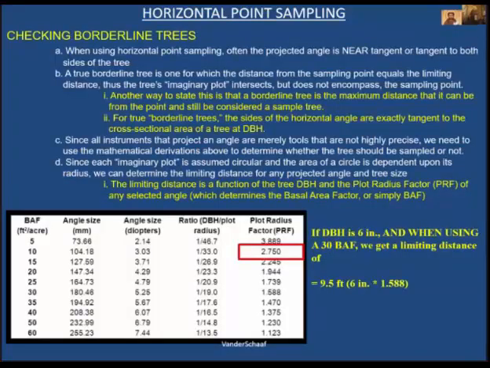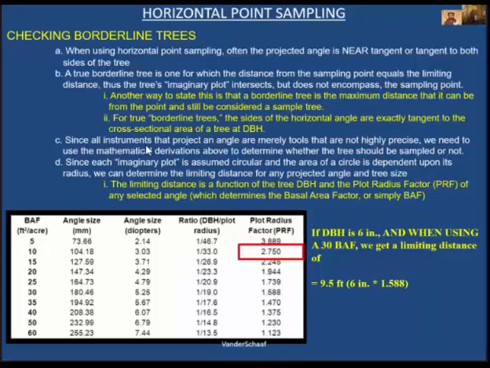So the relationships that we just discussed allow us to get tables to help us check the limiting distance for borderline trees, those trees whose imaginary plots are right on the edge of encompassing the point. We need to check them to make sure that we are correctly deciding whether the tree should be sampled or not.